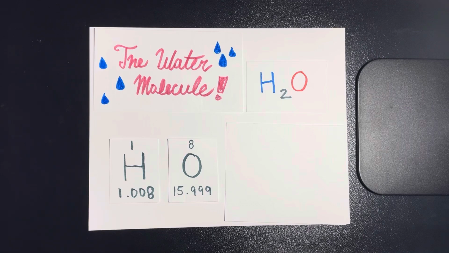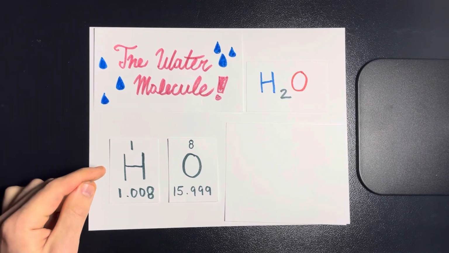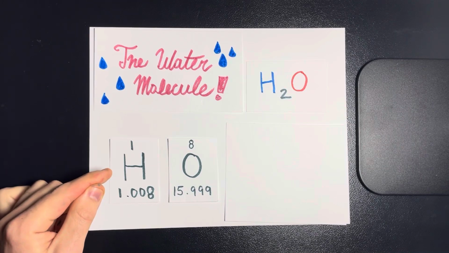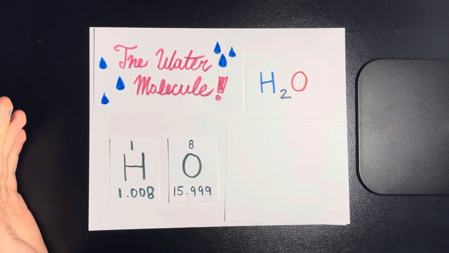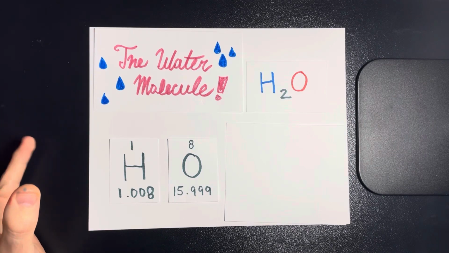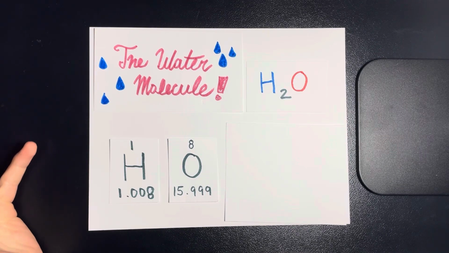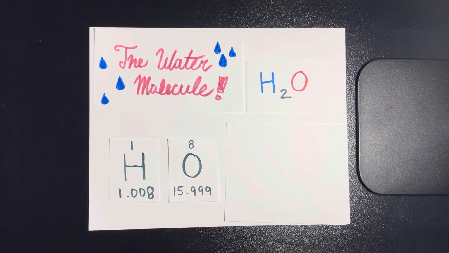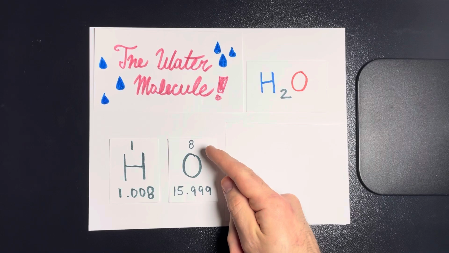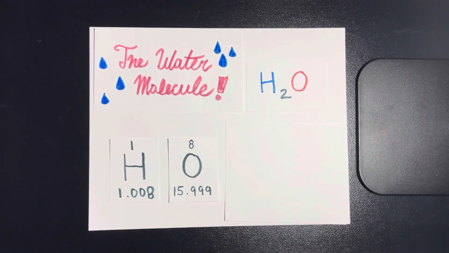So the number above the chemical symbol denotes the number of protons or positive charges within the specific atom. So for example, within a hydrogen atom is contained one proton or one positive charge. And protons are located in the nucleus in the center of the atom. Now for oxygen, oxygen contains 8 protons, 8 positive charges.